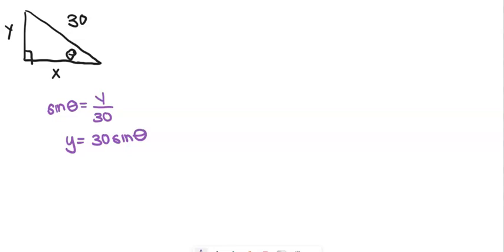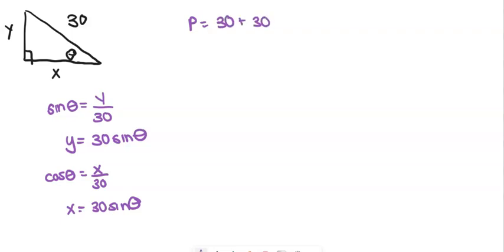And of x, cos theta is x over 30, so x is also 30 cos theta. Sorry, I'm going to make a correction here. This needs to say cos. Now my perimeter is just 30 plus x plus y. So this is my perimeter.